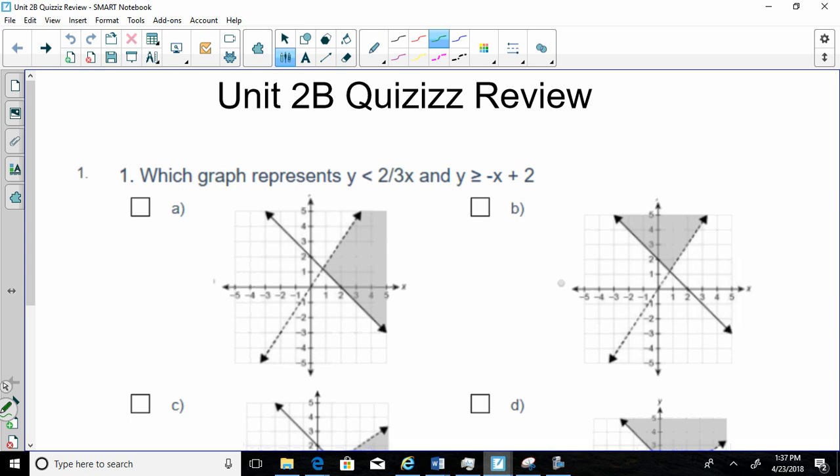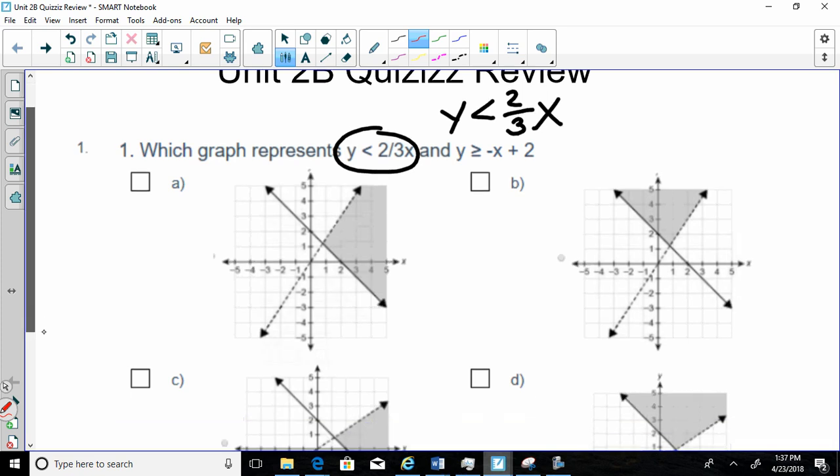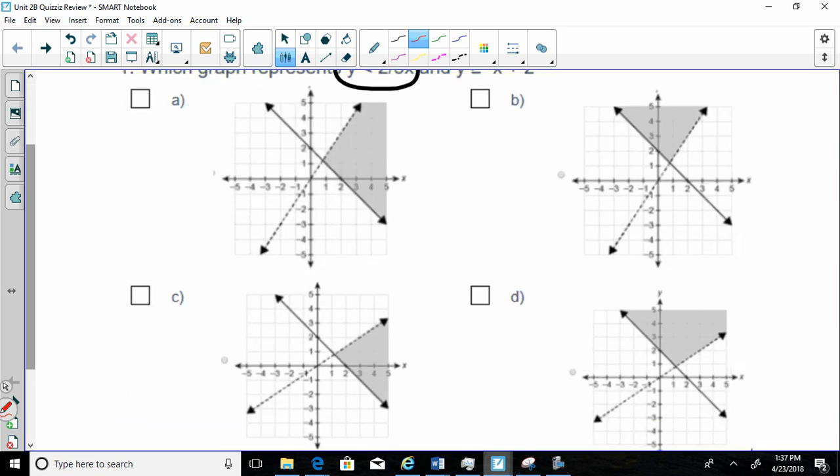Cool. So it says, which graph represents these two things. The first one is y is less than or equal to 2/3 x. First of all, should this be dotted or solid? Dotted, right? And that line should be dotted, and the slope should be 2/3, so I rise 2 over 3.